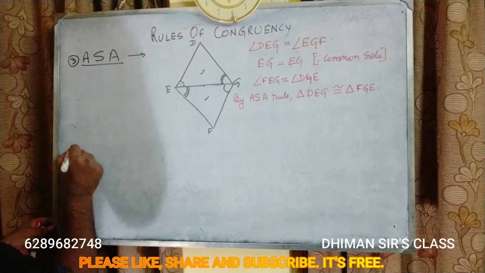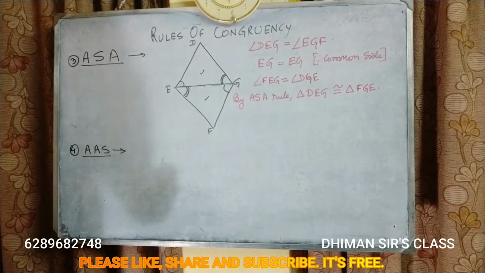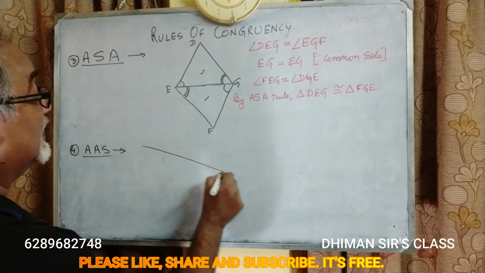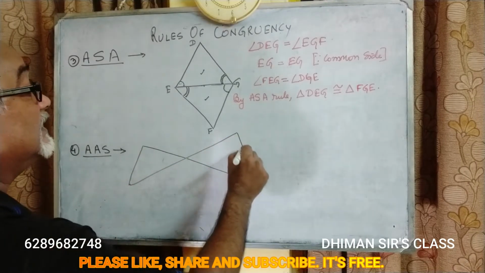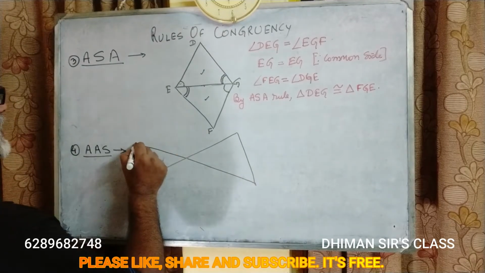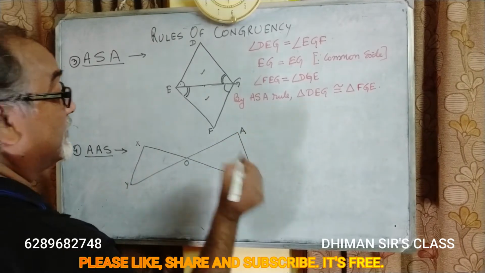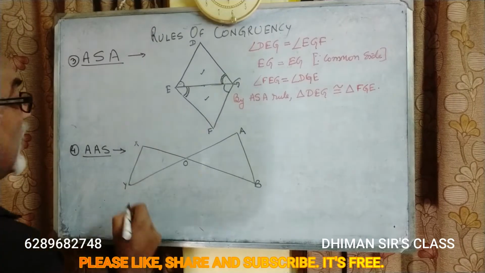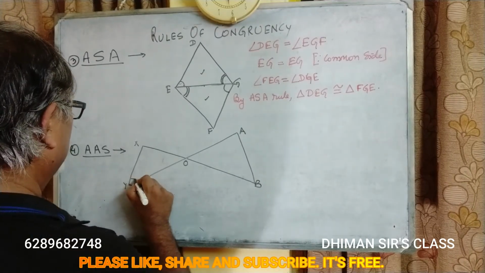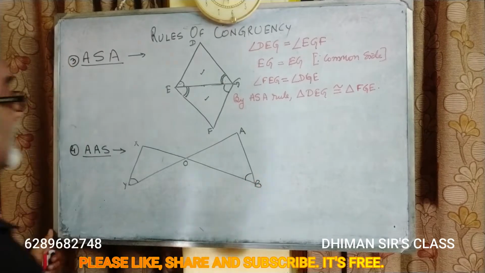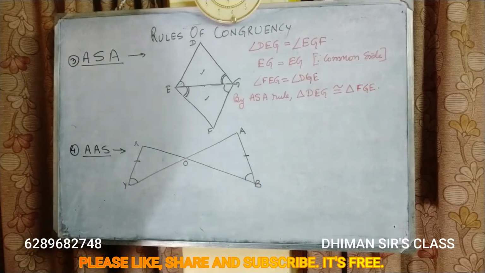Now, number 4. Angle side rule. See, here students, we are given that this angle is equal to this angle, and then this side is equal to this side.